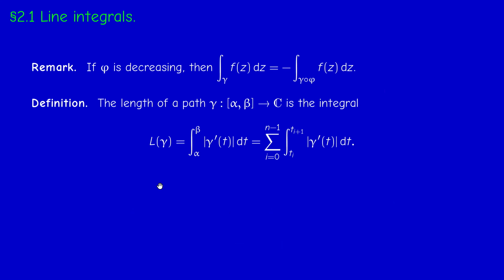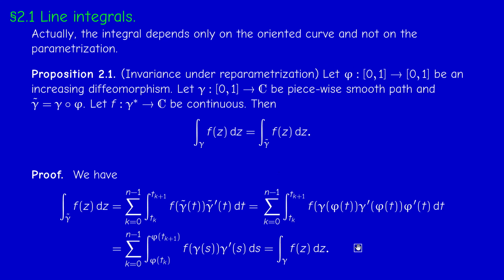Because otherwise phi is decreasing, and the integral over gamma tilde is minus the integral over gamma. As you may check here, if phi prime is negative, you have to reverse the orders here.